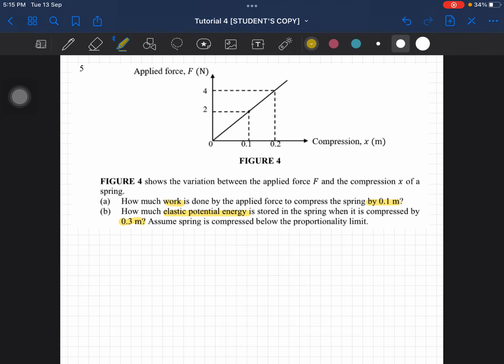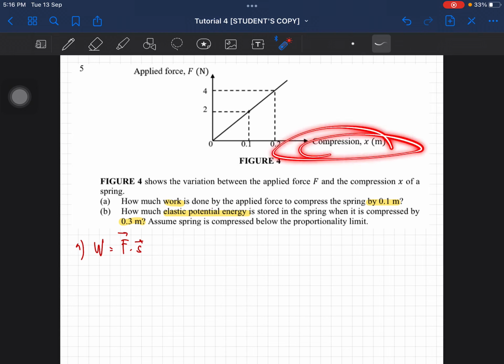Okay. So now, remember for work, the equation is F times the displacement. Okay, so for this case, since given is the applied force and compression, we can actually just calculate the area under the graph, because it will tell us the value of work done.